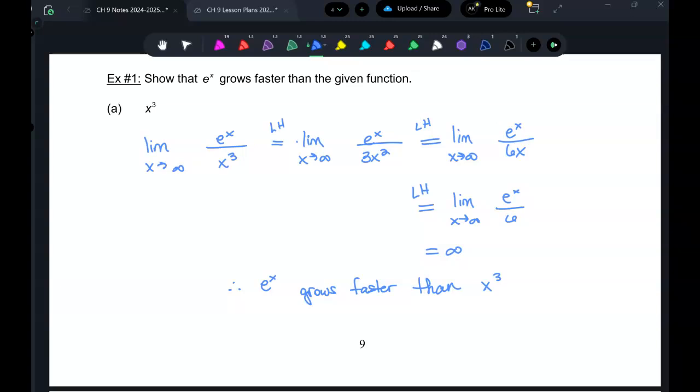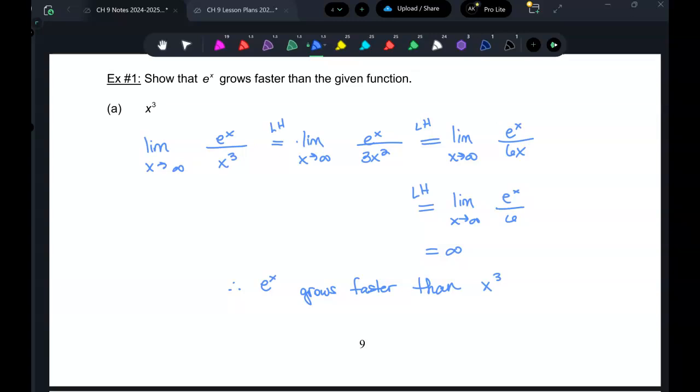Yes, Owen. So if it's like x to the n, and you keep doing L'Hopital's, it's going to be just n factorial. So we are going to expand this to what do you think is going to happen with any exponential function versus any polynomial function? The exponential is always going to win out.